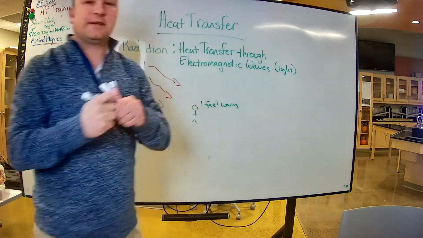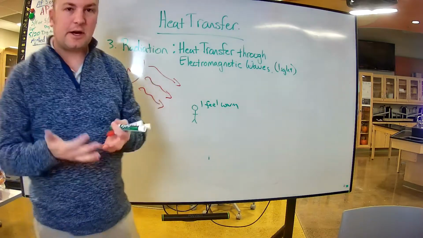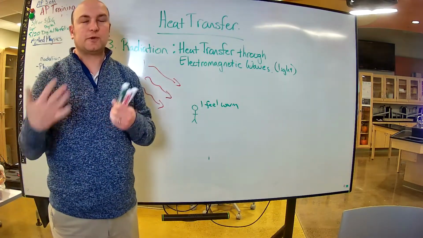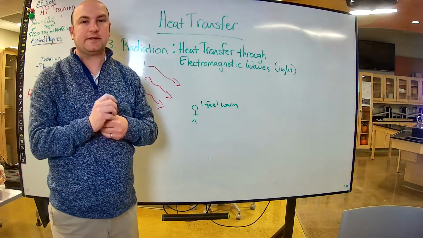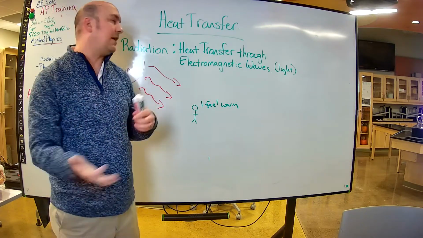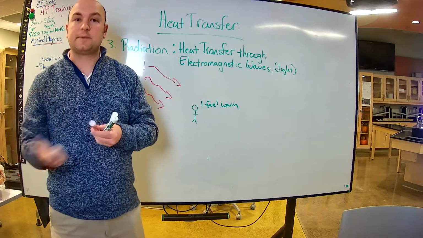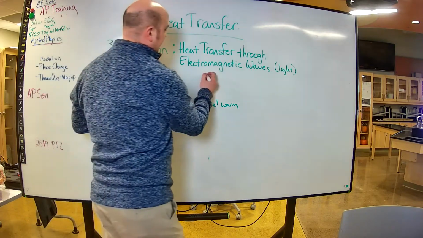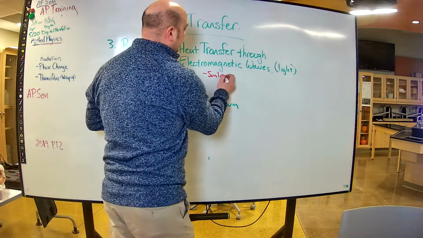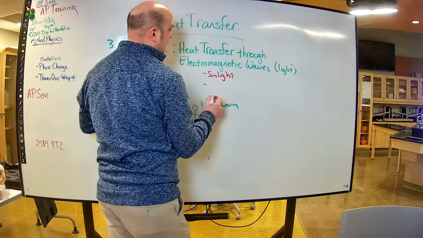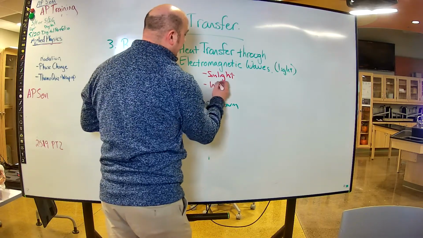And that sunlight carries energy. That energy can transfer to a person or to an object as heat. So if you're heating something through light, that's going to be radiation heating. Some examples of that, as I mentioned, sunlight. And then a second example would be infrared light.